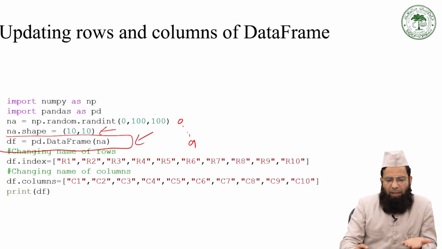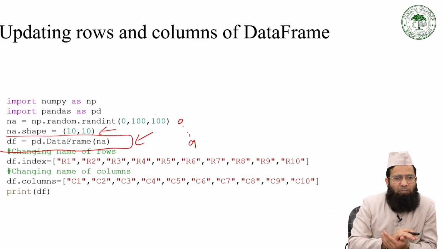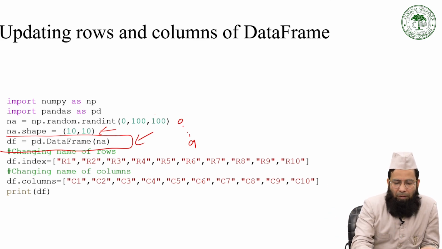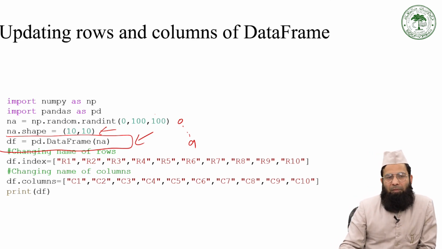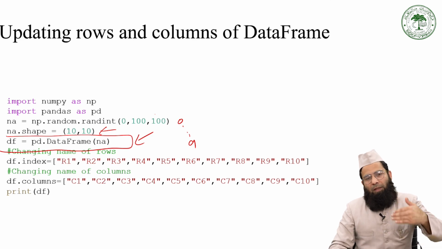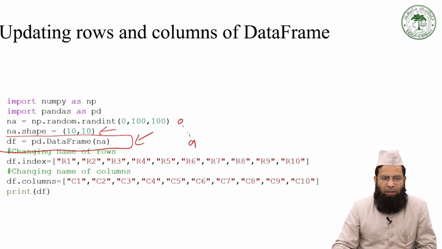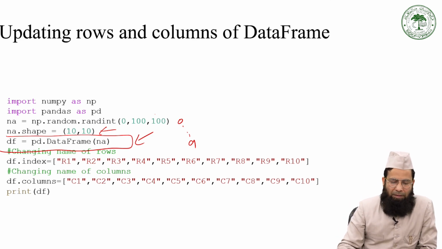The other way, since it has long column names, 10 columns and 10 indexes, if you want to write a single statement to mention column names and index names, we can apply a for loop inside this index.